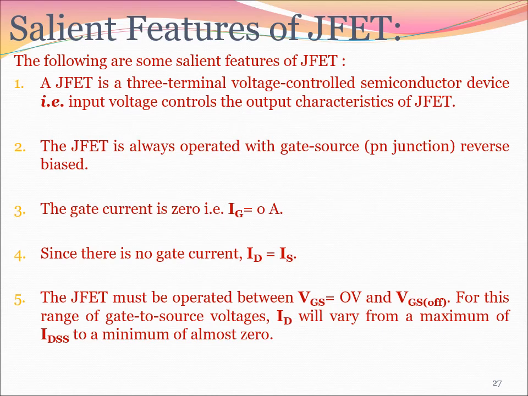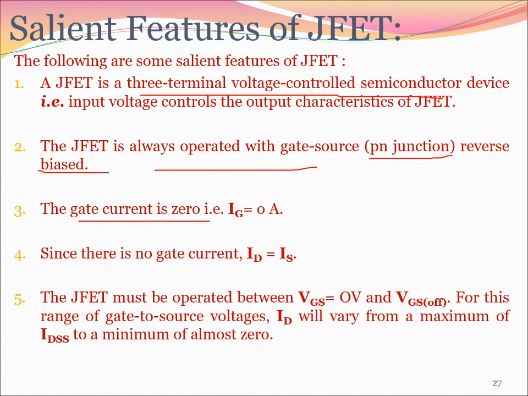So here there are some important points that should be noted: it's a 3-terminal voltage control device, and JFET is always operated with the gate to source junction reverse biased, and that's the reason its input impedance is quite high and the gate current is 0, theoretically. Practically it's a little bit, which can be ignored.